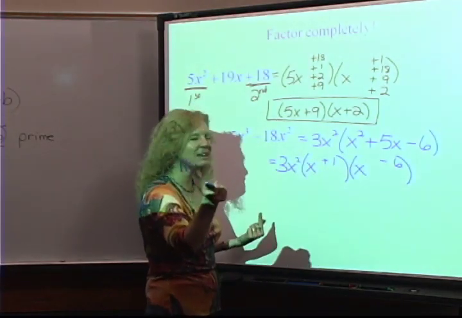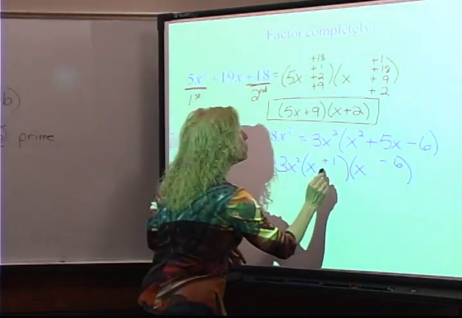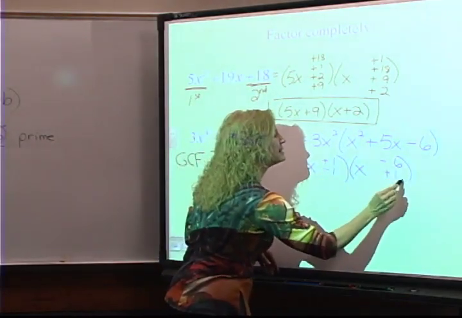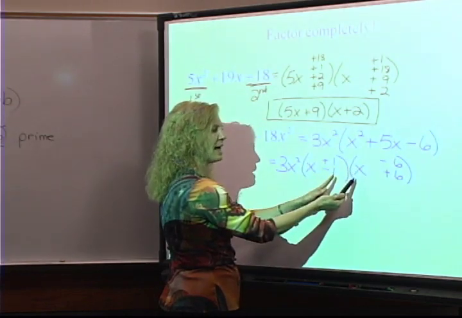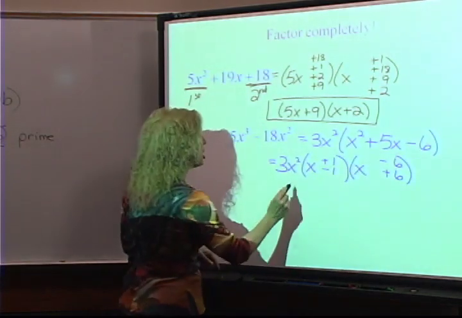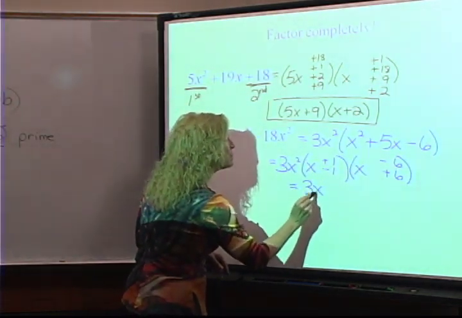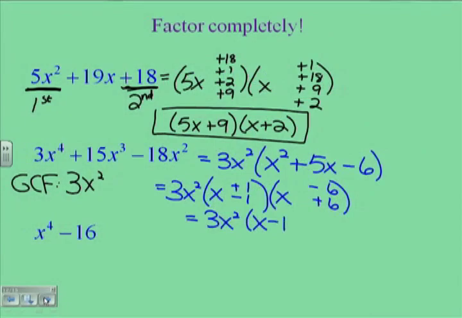Oh, that gives me a negative 5x. So then you say, well, what if I just switch these signs? Positive 6x minus 1x. There you go. It's going to be 3x squared times x minus 1 times x plus 6. Okay.